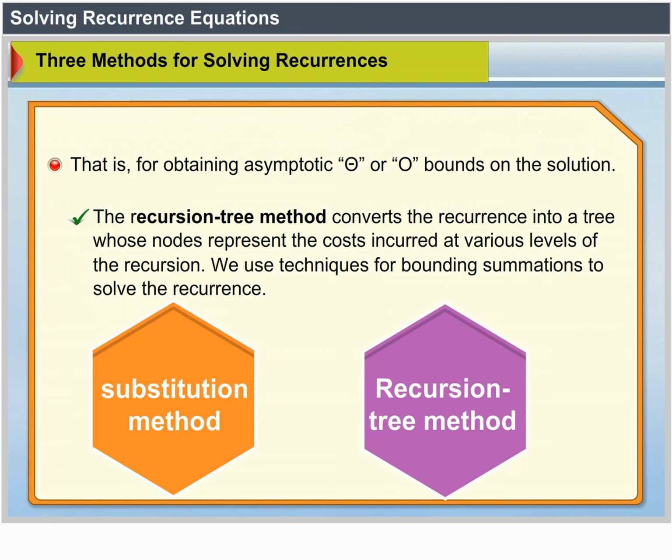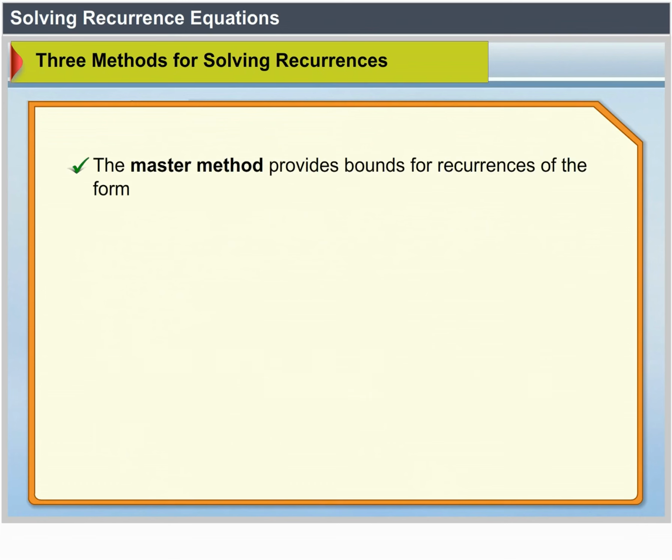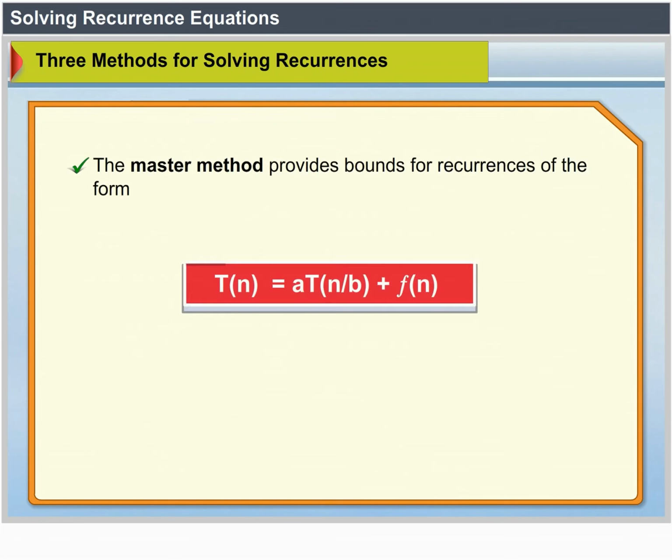The master method provides bounds for recurrences of the form T of n equal to a T of n by b plus f of n, where a greater than or equal to 1, b greater than 1, and f of n is a given function.